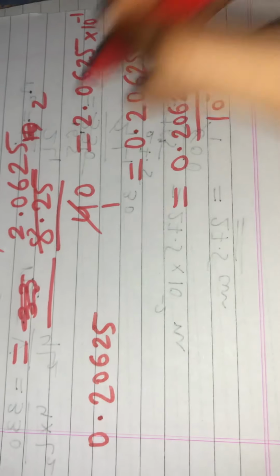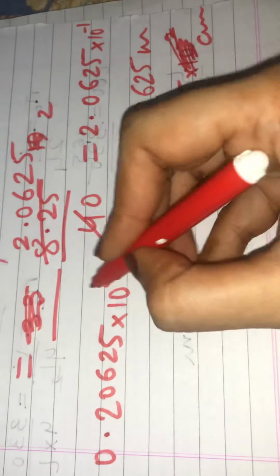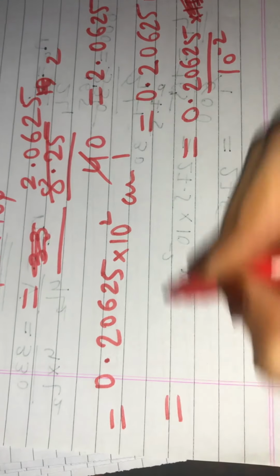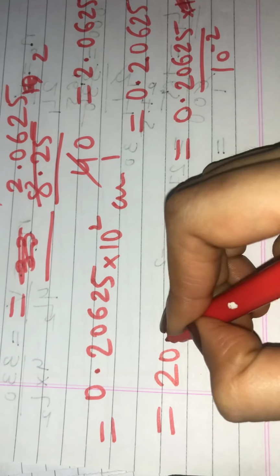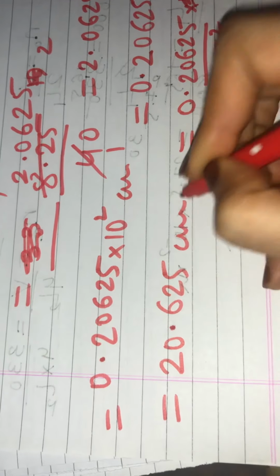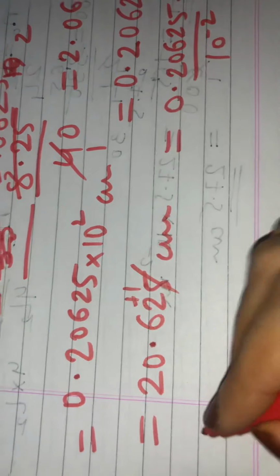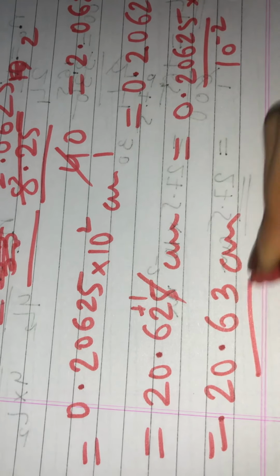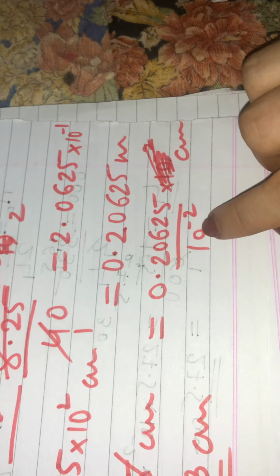Divided by 10 raised to minus 2, taking it upstairs, it becomes 20 into 10 raised to positive 2 centimeter. So multiply and see, it is positive so 2 digits should go this side, that becomes 20.625 centimeter. This can be written as, this is 5, so plus 1, this can be written as 20.63 centimeter.